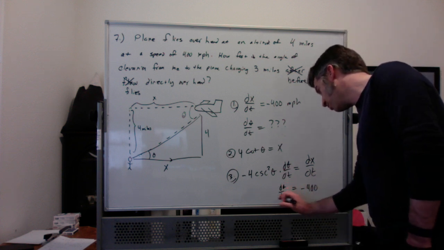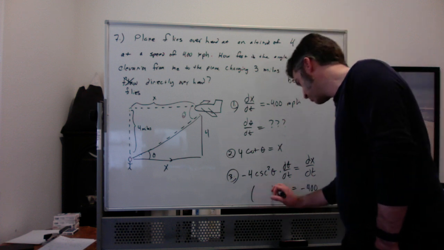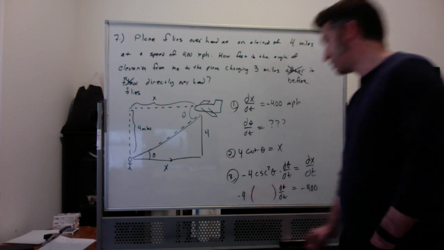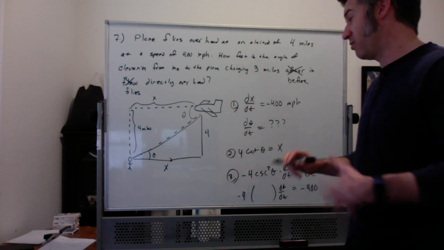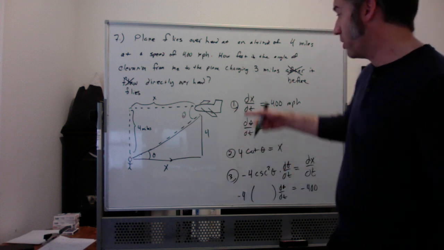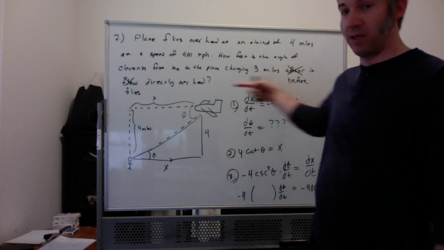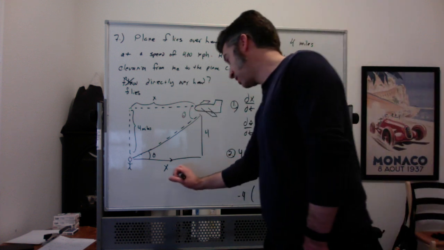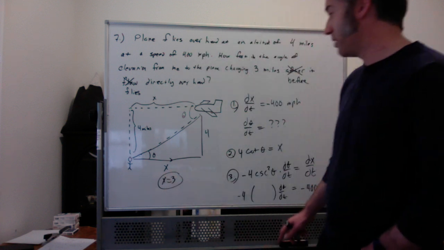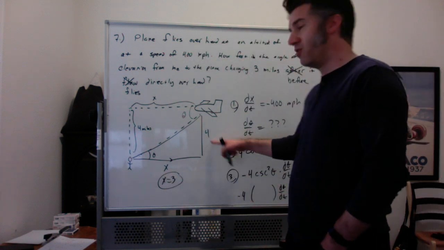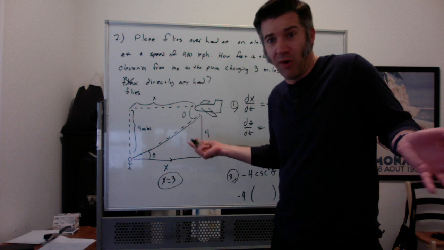We should be able to plug in for cosecant. So let's see. When I try and find what cosecant is, I have to remember that I'm now looking at the moment when the plane is 3 miles away from being directly overhead. So I'm now looking at the moment where x is equal to 3 miles. Well, if x is 3 and this is 4, normally you would find this side being 5, but we actually don't have to find that here.